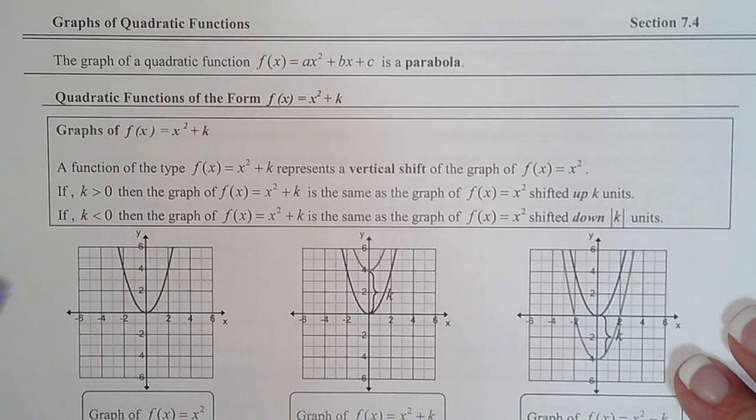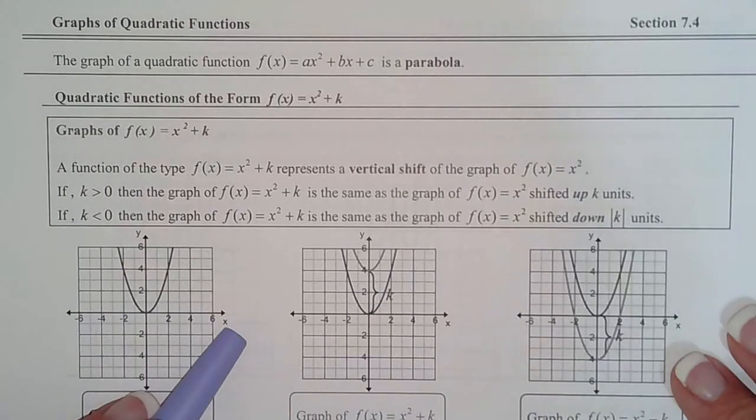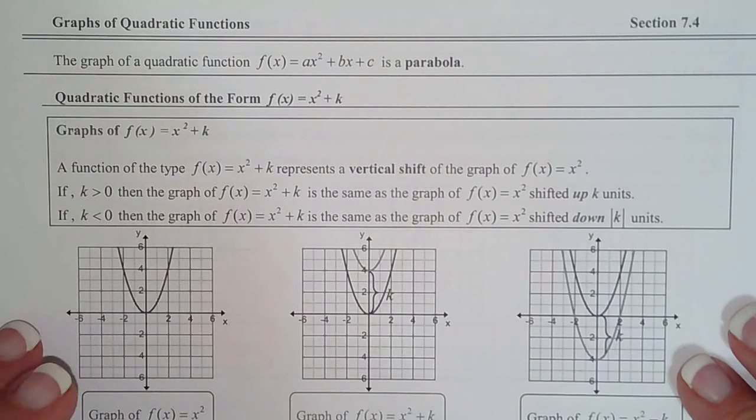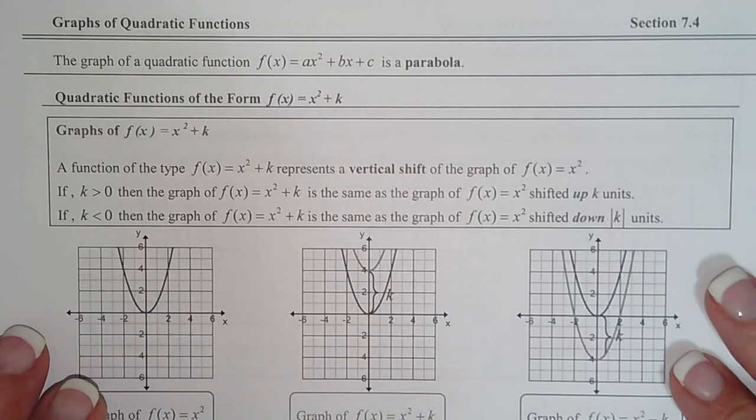In this section, we're going to start putting the parabolas on the graph, and we're going to learn about things called shifts, like what makes a parabola shift up, right, left, or down. We'll learn the basic form of a parabola, and then how to shift it according to the equation.